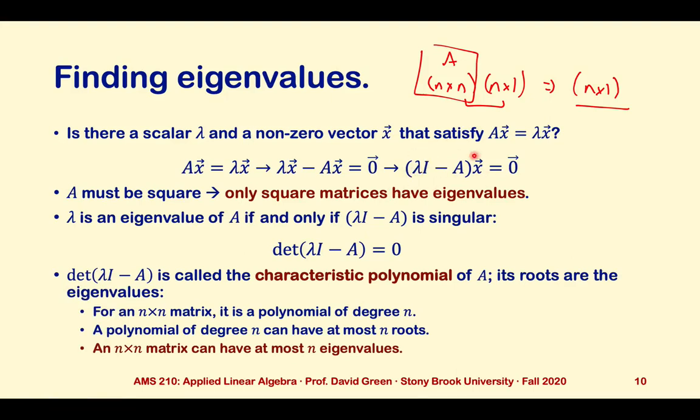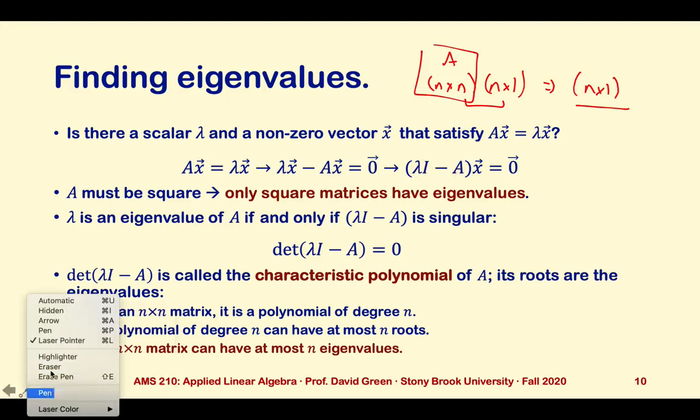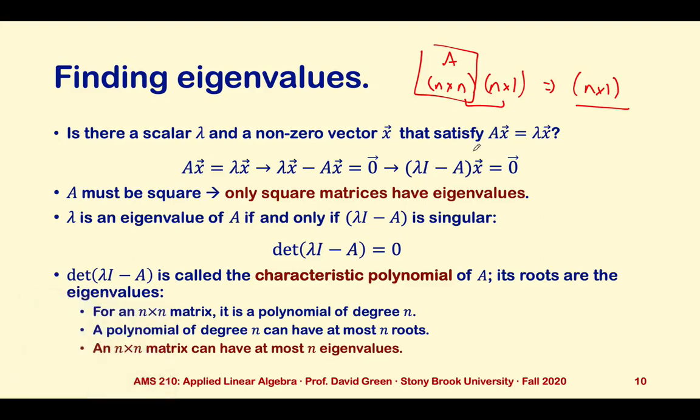We have lambda I minus A times x equals 0. Fundamentally, this is really just an expression of the form M times x equals 0, where M is lambda I minus A, just a matrix. And what is this? This is a homogeneous system of equations with a square coefficient matrix.